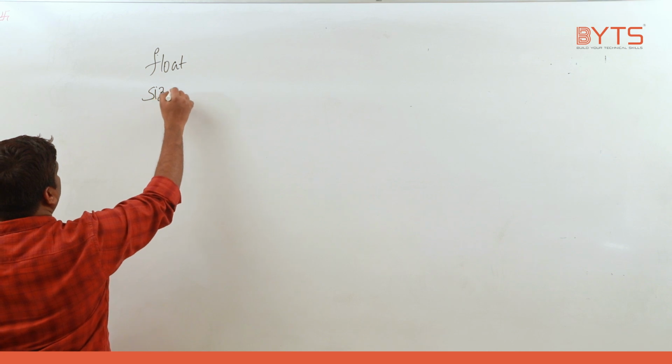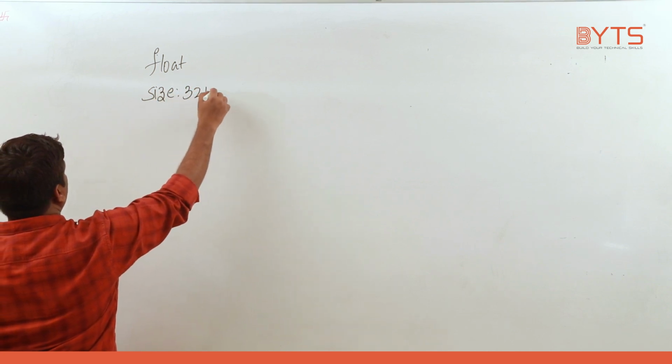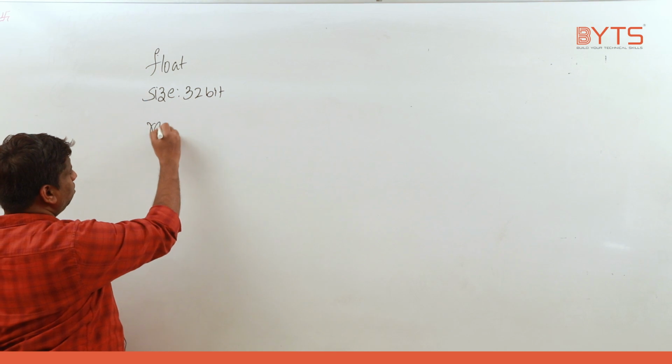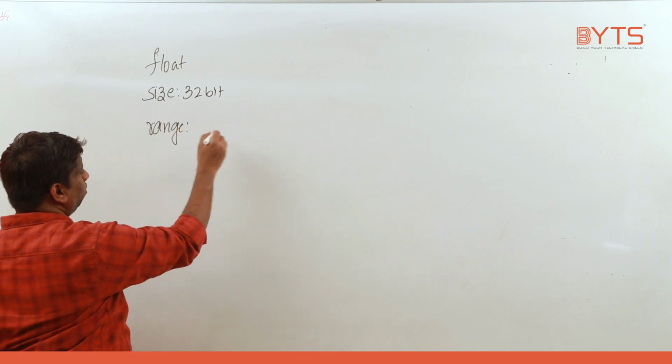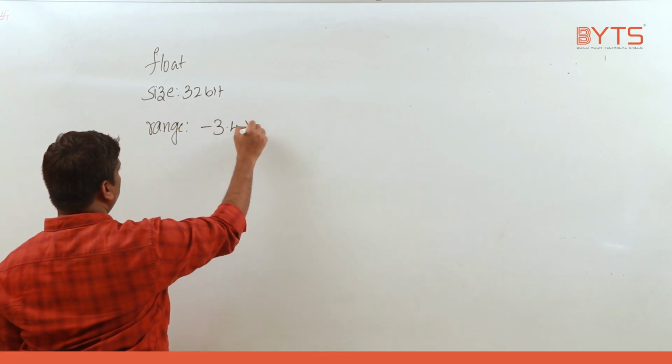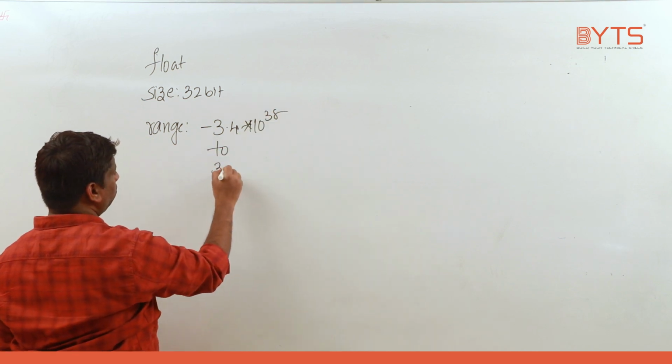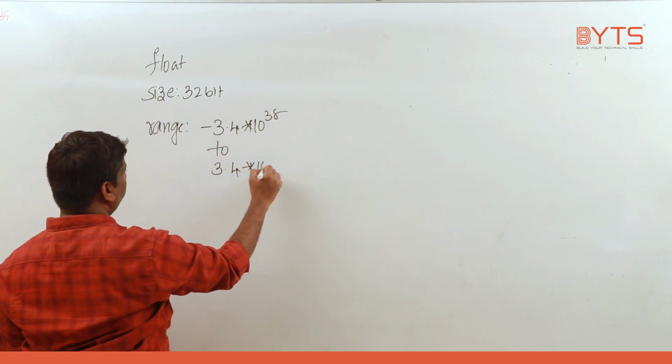Float. Size, 32-bit. Next, range, minus 3.4 into 10 to the power of 38 to 3.4 into 10 to the power of 38.